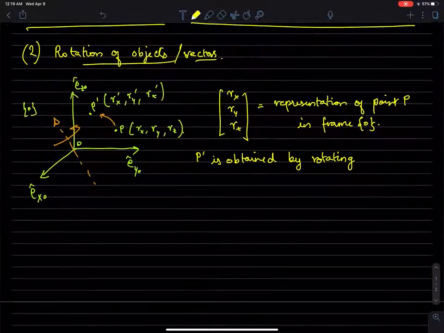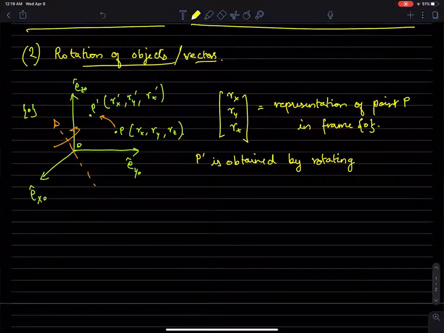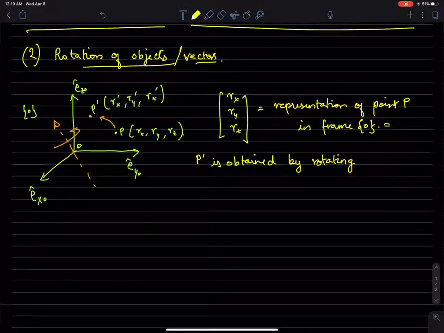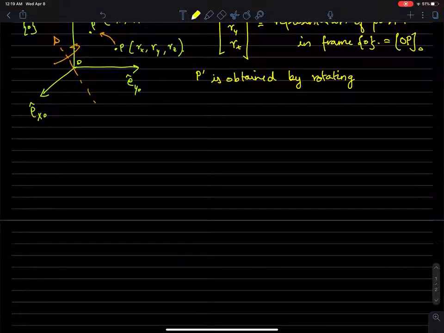So what we mean by representation of point P is basically this is OP, the vector represented in frame O, right?